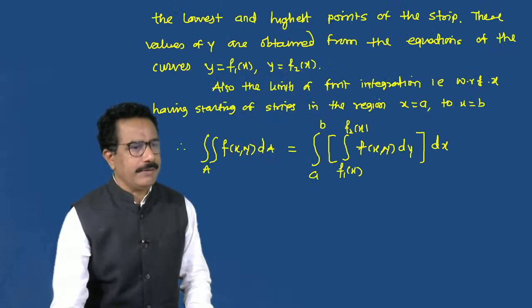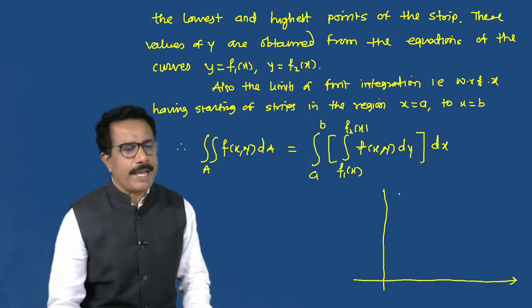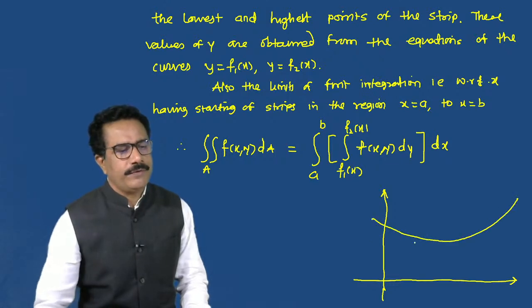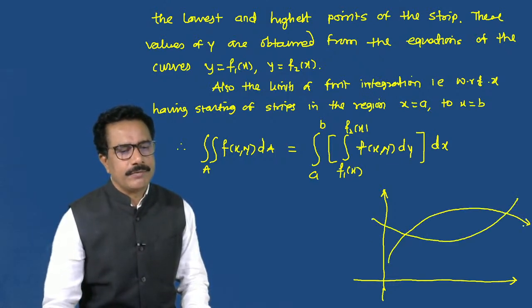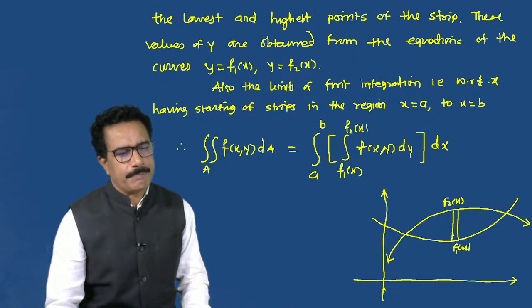Now in the second case, how to take the limits? Many times it also happens, remember this. If we want to calculate the area bounded by the intersection of the curves, suppose this is the first curve, this is the second curve, so this is f2 of x, this is f1 of x, and suppose we consider a vertical strip.